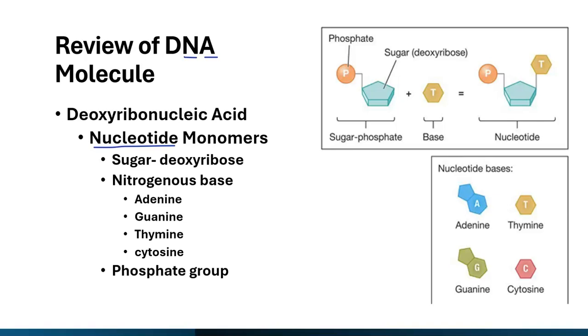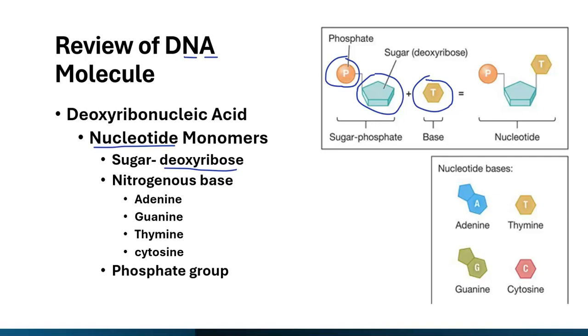Now in DNA, the sugar that is used in each nucleotide is the deoxyribose part. If you remember, a nucleotide consists of 3 parts: a phosphate group, a sugar, and a nitrogenous base. So we have our phosphate group, our sugar, and then we add a nitrogenous base.